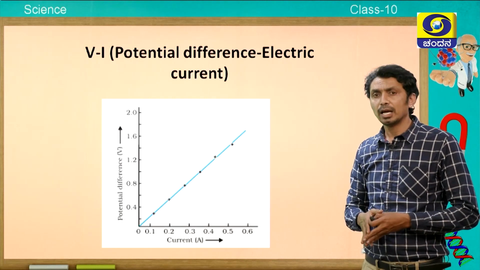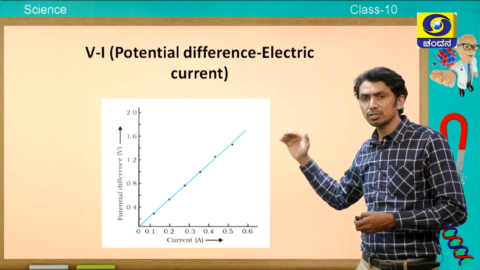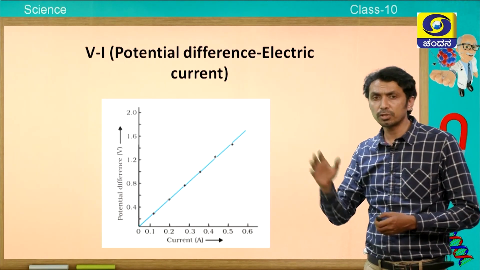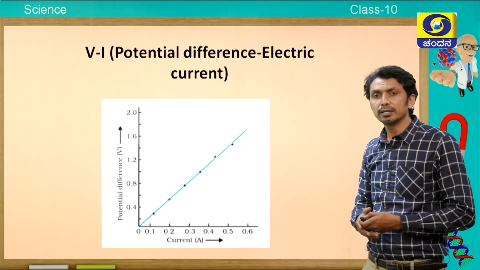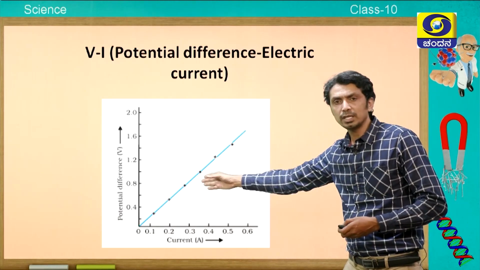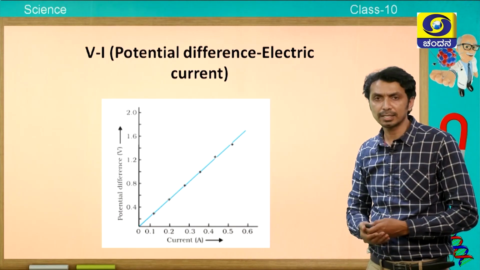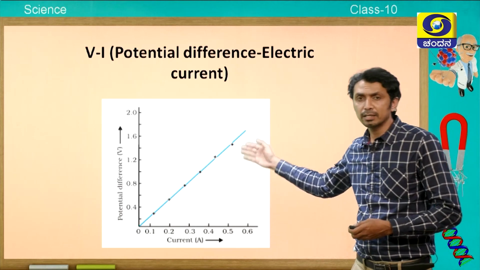Yes, as you saw, the V by I value was a constant in the experiment. It was equal to 0.5. So here we can take the ratio of the y-axis V and the x-axis A, that is amperes, electric current, and we will get the constant.